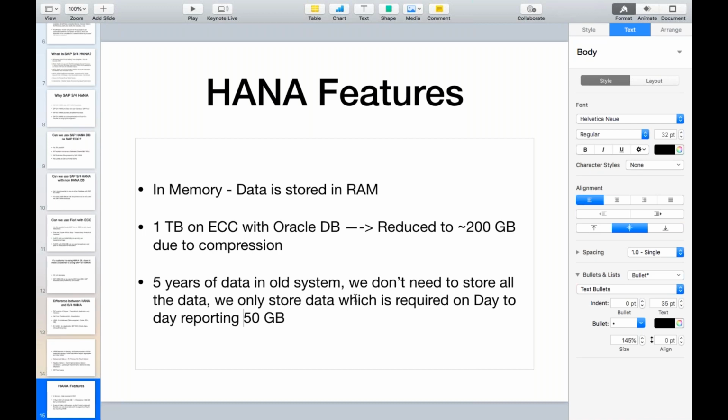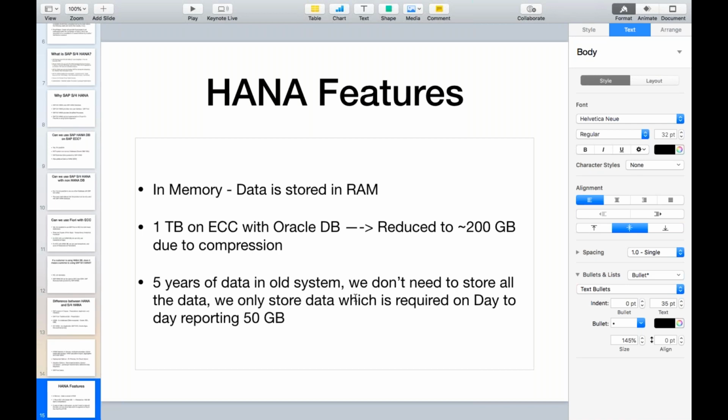Yes. So there is a rule, like you do archiving today, right? Archiving is different from company to company. Some companies will say, I want to archive the data which is 5 years old. Some companies will say, I want to archive the data which is 10 years old. So it is up to the company what data they want to move from RAM to hard disk.